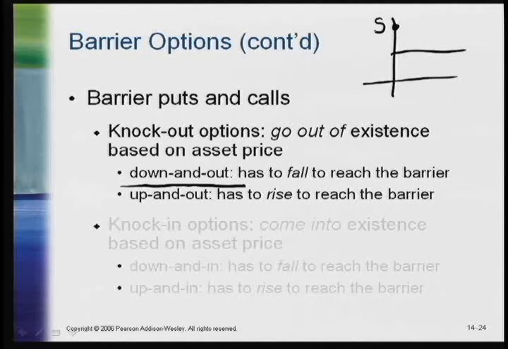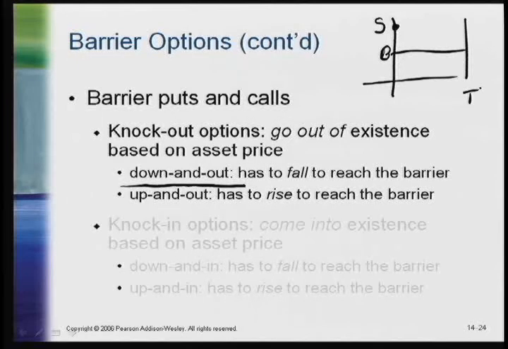These are called knockout. There's the stock price, here's the barrier. So you buy the option when the stock price is S and it's above the barrier. And what a down and out says is if, before expiry, that stock price hits the barrier, the option goes out of existence.